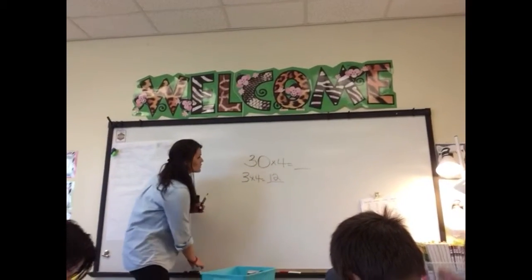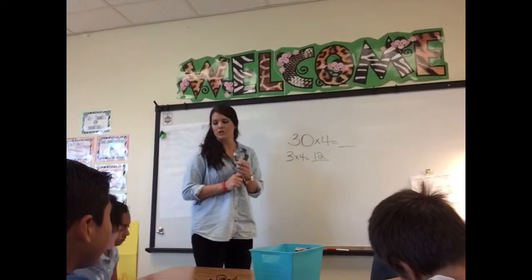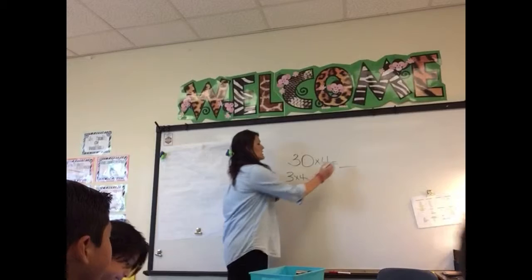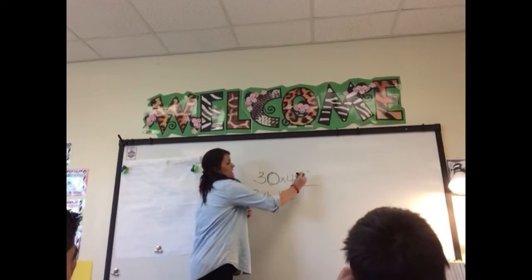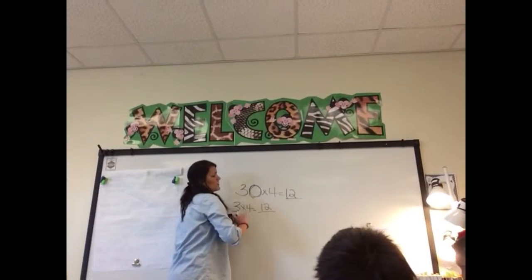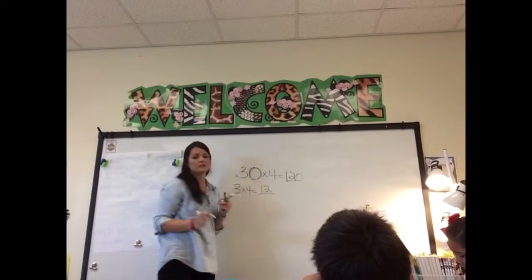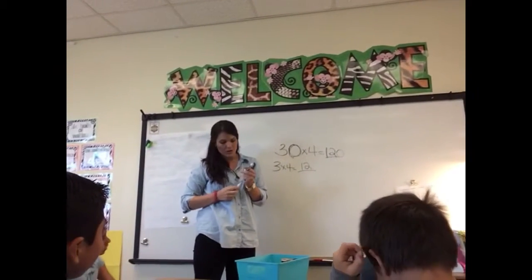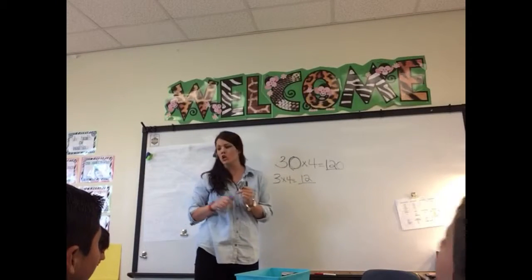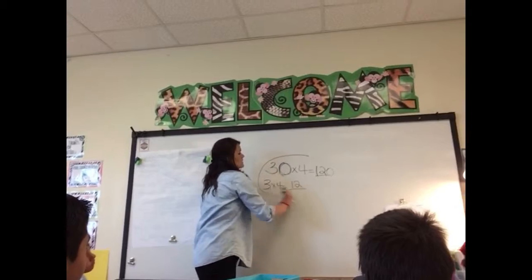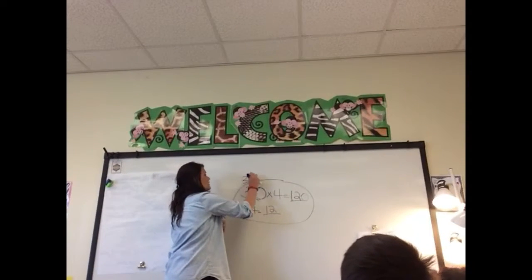So if I have 30 times 4, what do I need to do? Just put a 0 on the end because there's a 0 here. What I'm going to do is have 12 as my answer, but then I need to put that 0 on the end. Do you guys remember doing that? Okay, does that ring a bell? So this is the 3rd grade standard, right? This is what we did this past year, right?